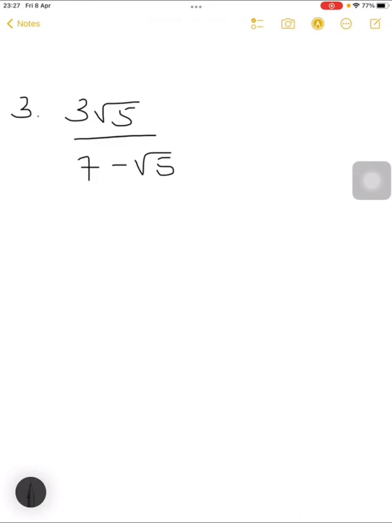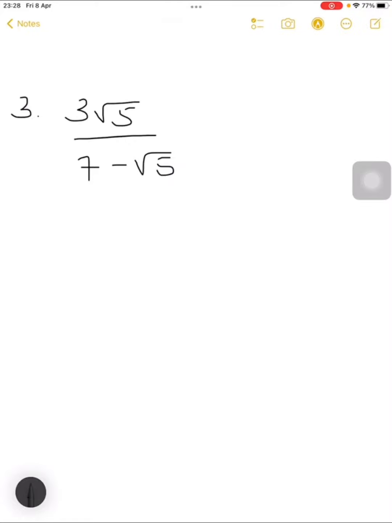Example number 3. In example number 3, we have 3 root 5 over 7 minus root 5. Now, when we have two terms in the denominator, the way we work out this one is different. When you have just one term, you multiply both numerator and denominator with the denominator.